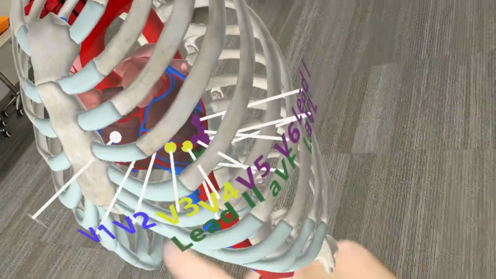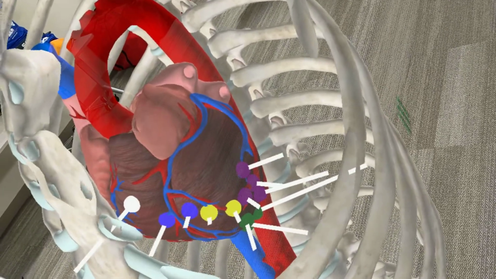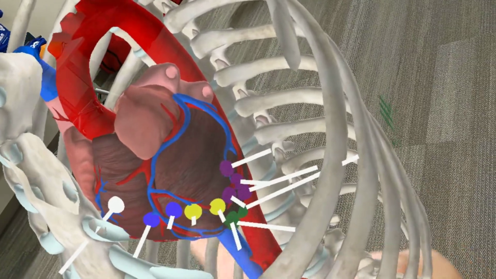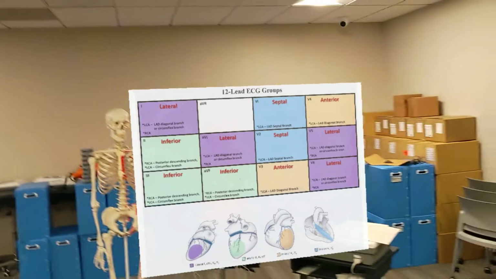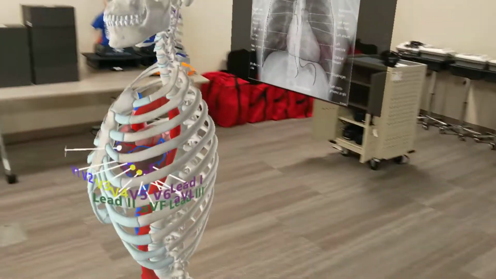V3 and V4 are looking at the anterior aspect of the left ventricle. And once again, we have the inferior aspect here, in green: lead 2, aVF, and lead 3. And once again, the lateral aspect of the heart.